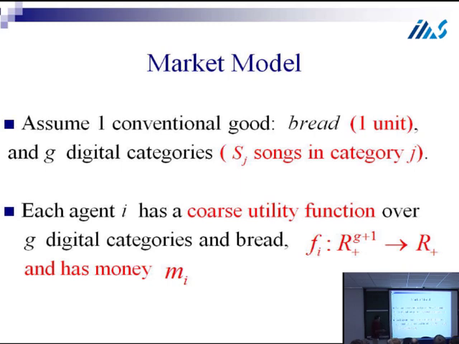And now each agent has what we call a coarse utility function over the G digital categories and bread. So the function goes from R^(G+1) to R, saying how much happiness this person got from an allocation. And this person has money mi as in a Fisher market.